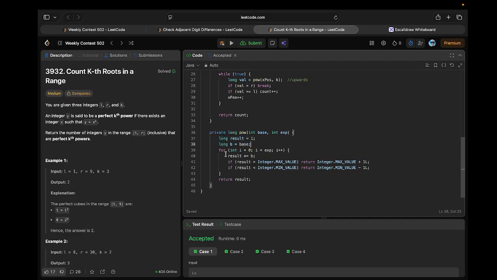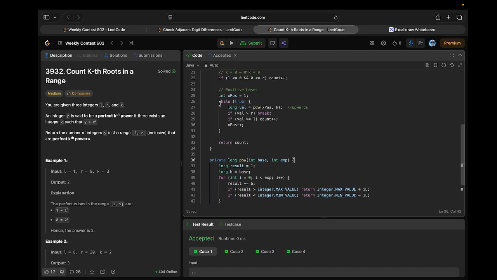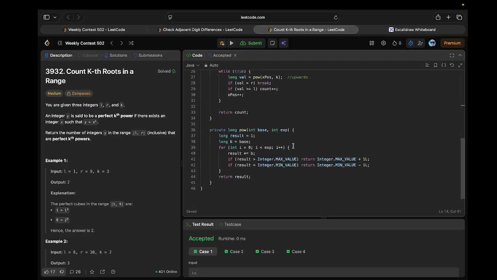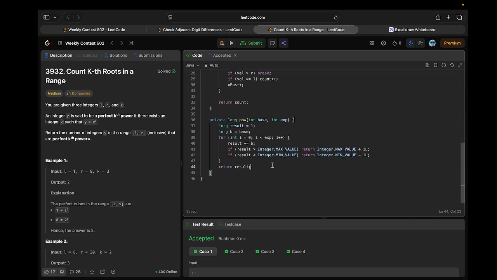If at any point the value exceeds the limit, I simply return a maximum value so that the other cases don't run. That way we don't get any error and we simply come out of the loop, and that's how we are calculating the result.